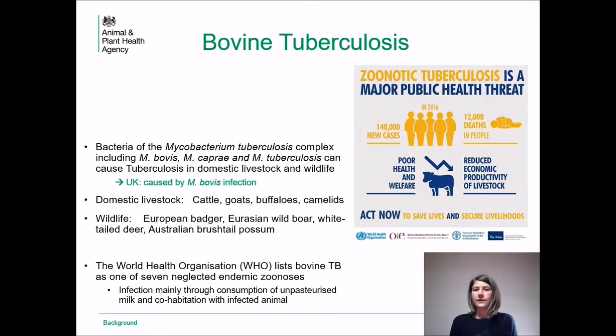However, in other countries of the world, such as Africa or India, it still causes a risk to human health. And I just thought it's also worth mentioning, just to highlight, that if left uncontrolled, it could turn into a risk for the public.